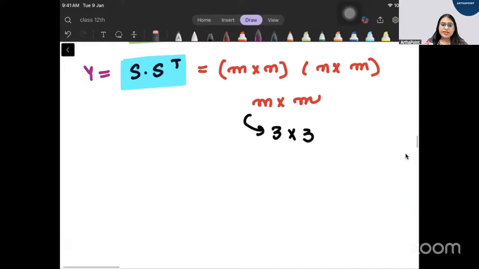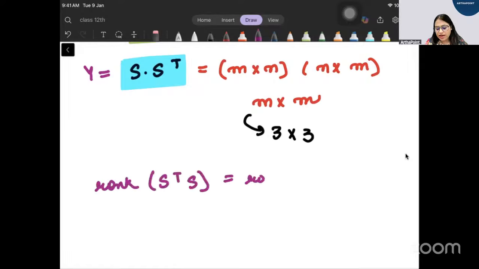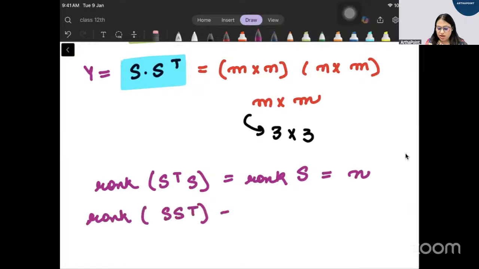Now please understand that there are important properties. That rank of S transpose S can simply be written as the rank of S, which is N. And rank of S transpose can also be the rank of S, which is also N. ठीक है?